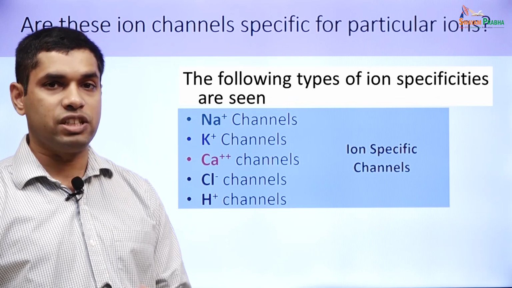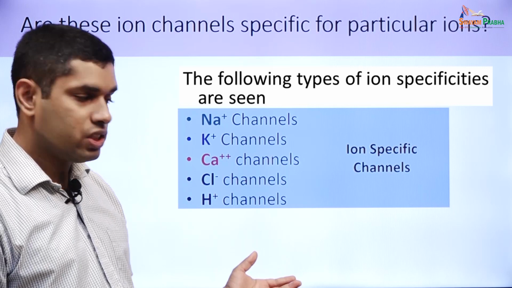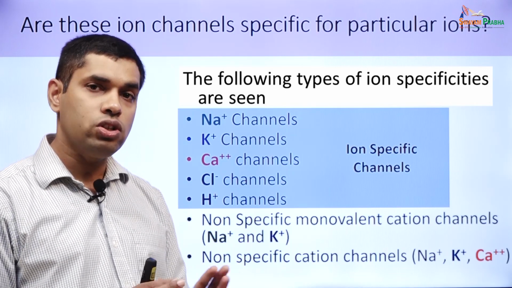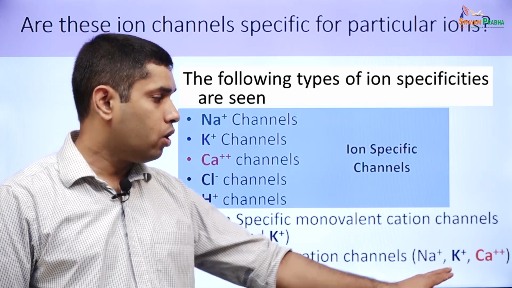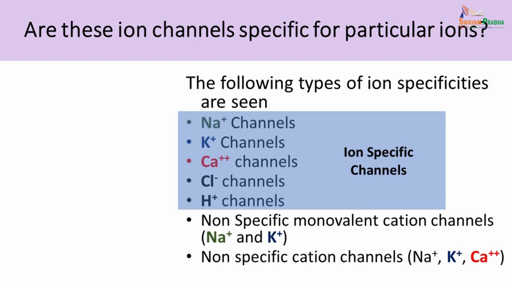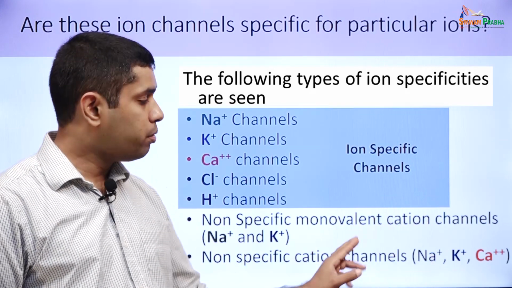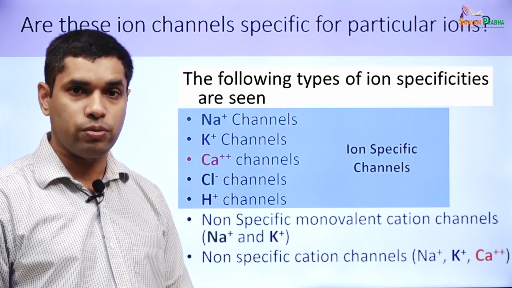Now, there are other channels which permit a similar type of ions to pass through, and those are non-specific channels. An example of these non-specific channels are non-specific cation channels. So a non-specific cation channel permits any cation, sodium, potassium, or calcium, to pass through. A non-specific monovalent cation channel permits only monovalent cations, that is sodium and potassium, to pass through.